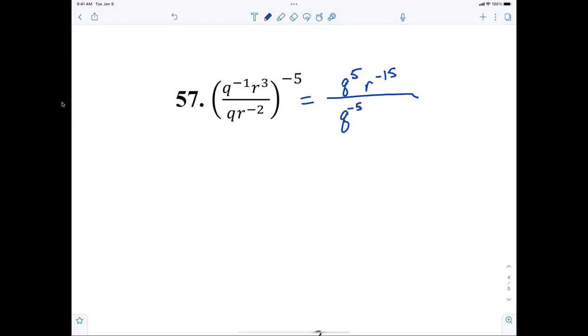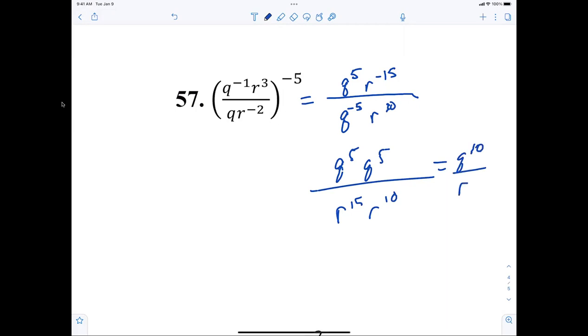Yes, very nice, kiddo. Now what do I do? Q to the negative, up to the top. Right. Exactly. Very nice. Q to the 10th over R to the what?